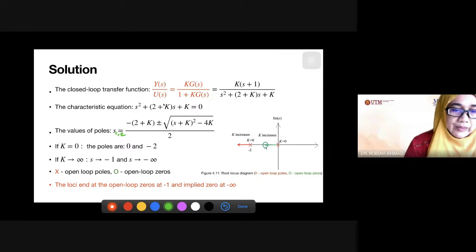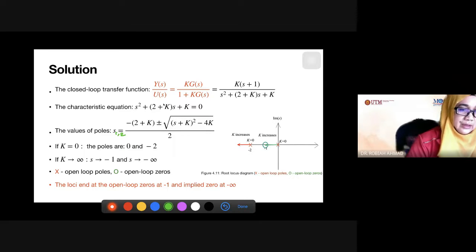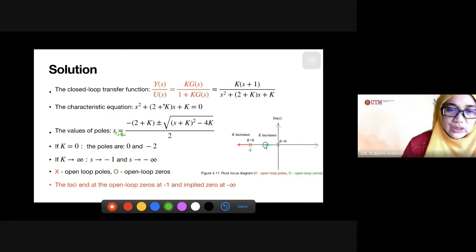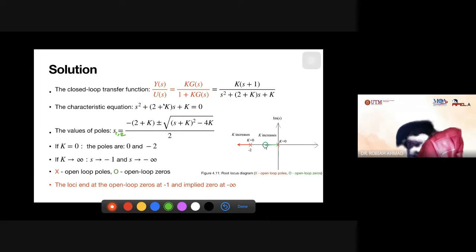So let us again look now when k equal to 0 and k equal to infinity. So when we put k equal to 0 here, since it will have two poles, the first one, S1 will be 0, S2 will be minus 2 here. So this is S1, this is S2.